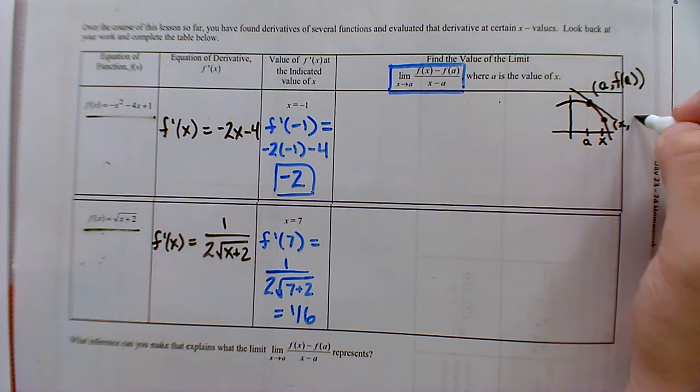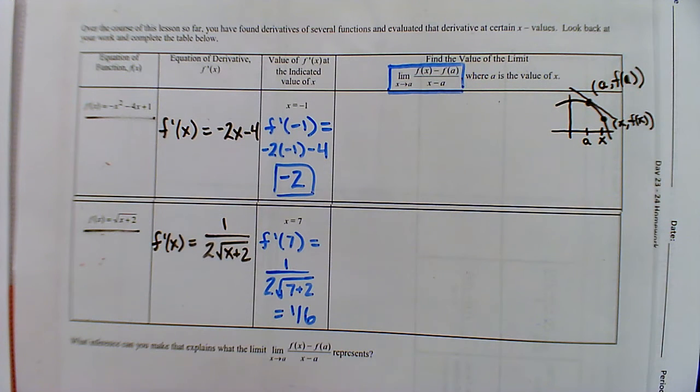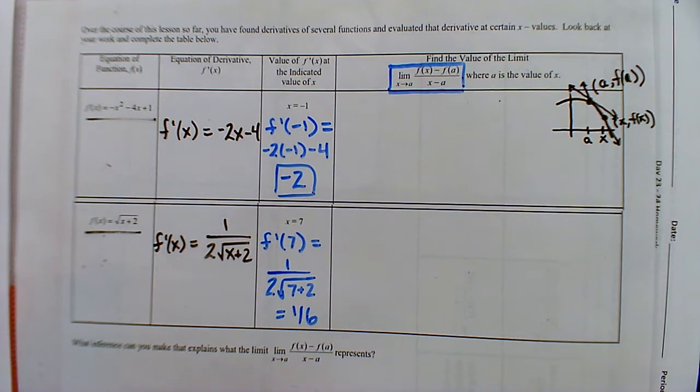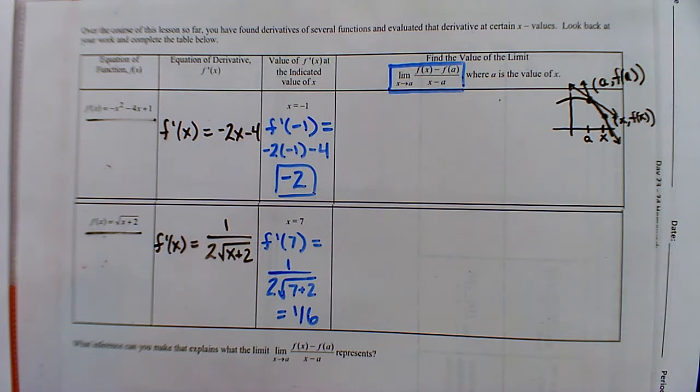We would have x comma f of x. If you were to draw a secant line through those 2 points, you could do that. And notice how if you move the x point closer to the a point, the secant line would eventually become the tangent line. That's what we were looking at a few days ago in terms of derivatives.